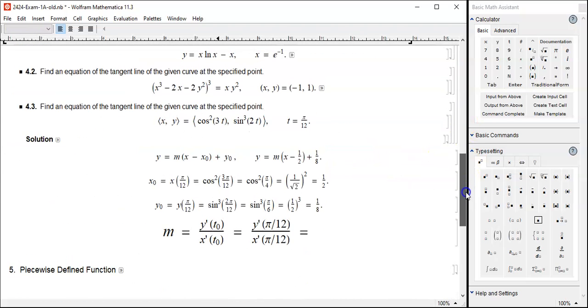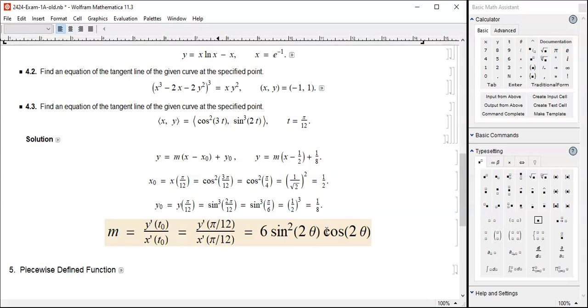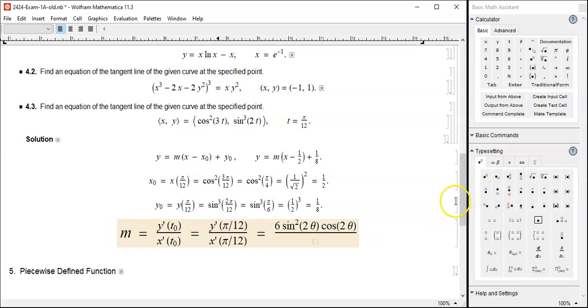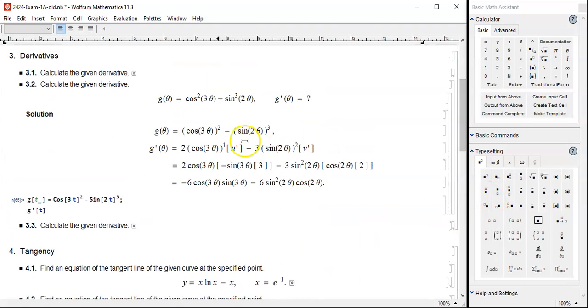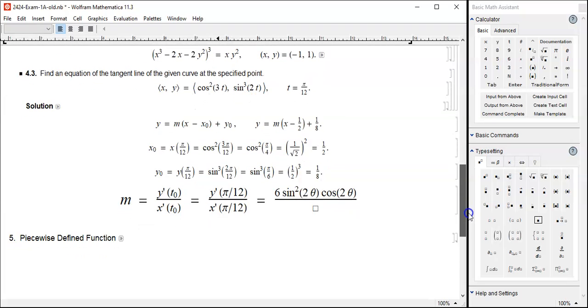That's your y prime. And then x prime, this part, that's your x prime.